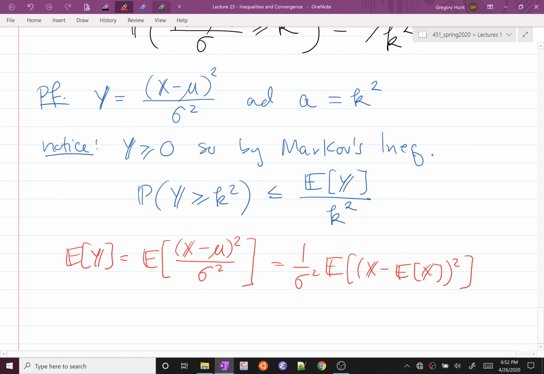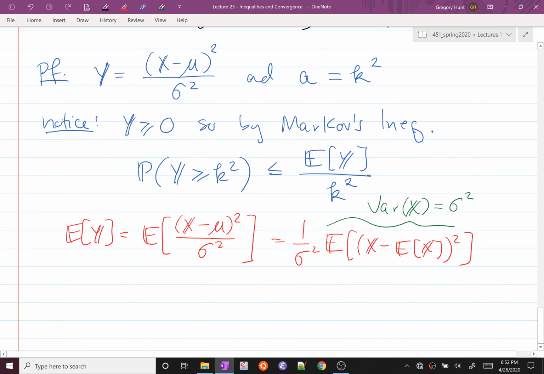And this is just, by definition, the variance of x, which we define to be sigma squared. So this whole thing is equal to 1. So the expected value of y is by construction 1. So that allows us to say that the probability that y is bigger than or equal to k squared is less than or equal to 1 over k squared.